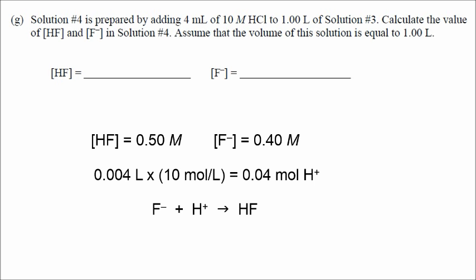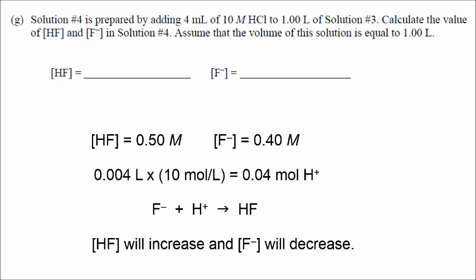Since the F- is reacting with the H+ to produce HF, the concentration of F- is going to go down, and the concentration of HF is going to go up. Well, by how much? By 0.04, because we have exactly 1 liter. So our new concentration of HF is not 0.5, but rather 0.54. And the concentration of F- is not 0.4, but rather 0.36. So F- went down, HF went up a little bit.